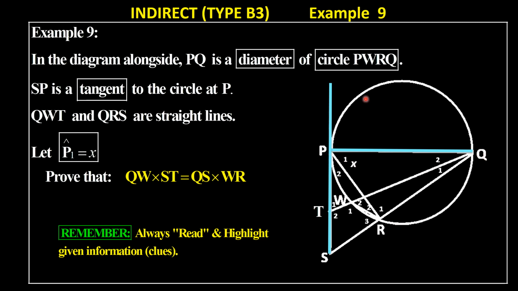So try to read and interpret your question so that you understand the given information: the diameter will have to be used, and for the tangent you can use the tangent theorem or tangent concepts. You have a chance now to try this question on your own first, and in the next slide we'll show you the solution.